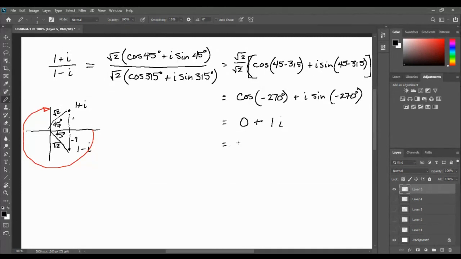And 0 plus 1i is just I. That would be the quotient of 1 plus I over 1 minus I. And they specifically said to convert to trigonometric notation and then use the formula. But this one is probably easier this way than simplifying otherwise. Any questions on that one?